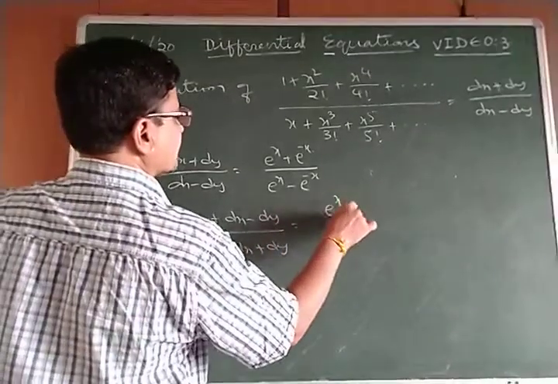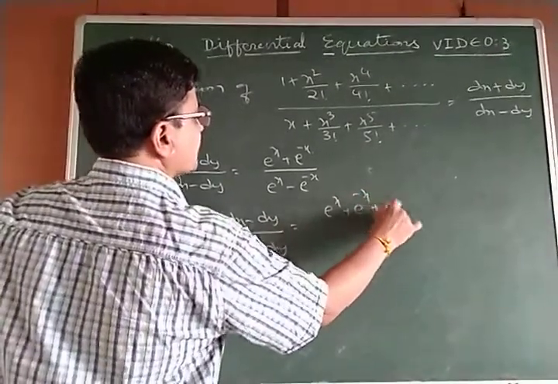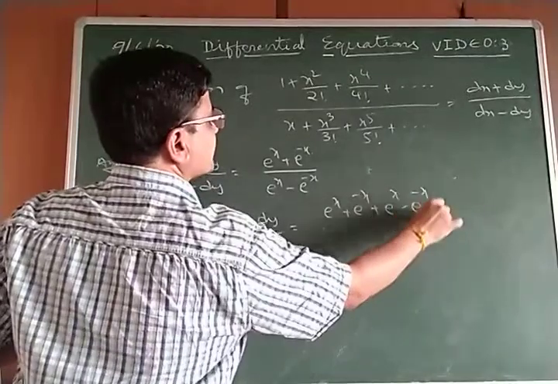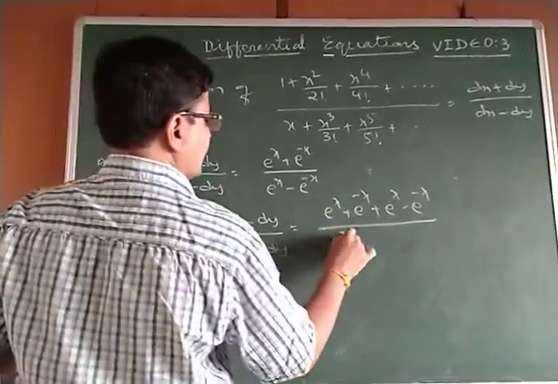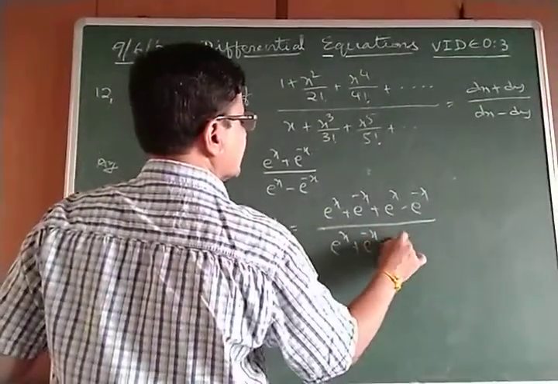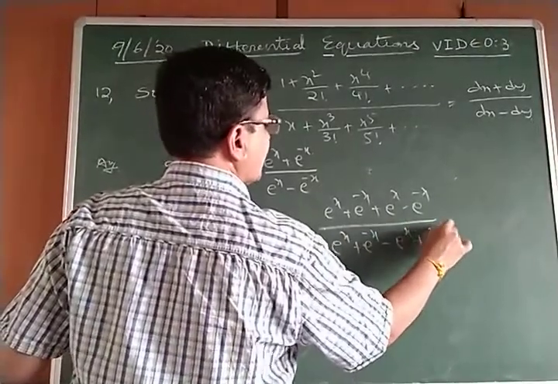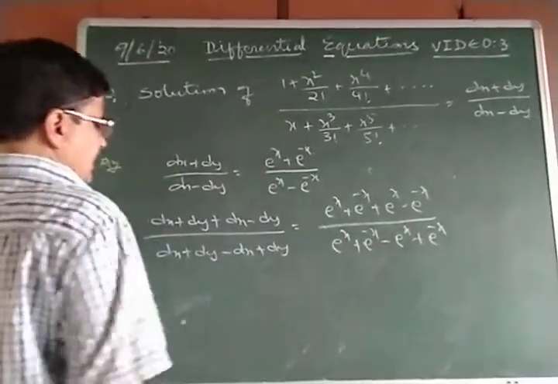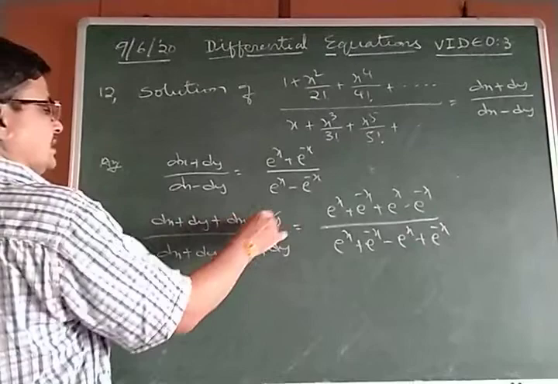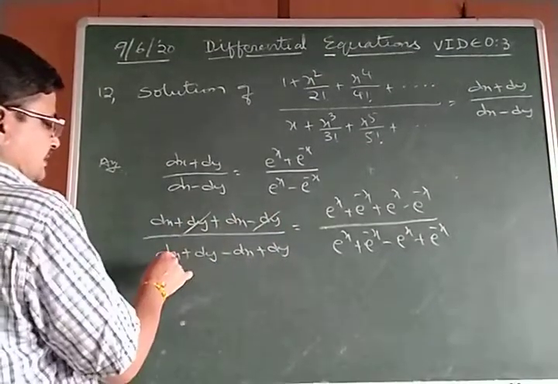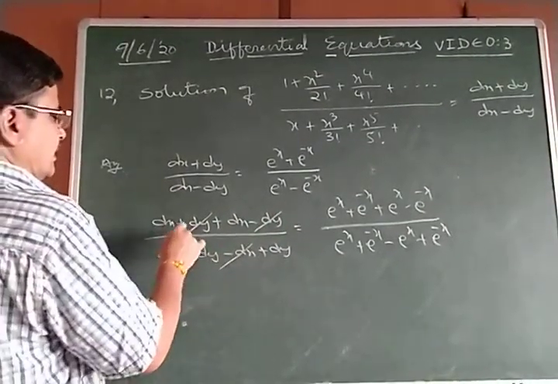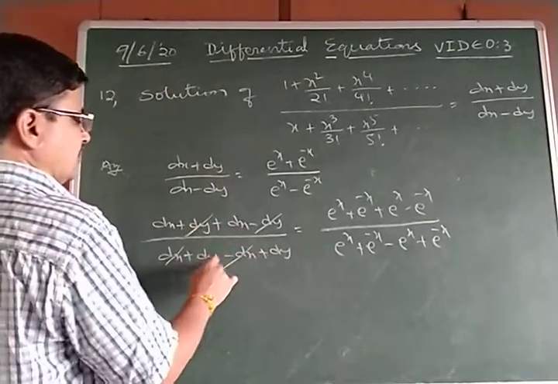That is (e power x plus e power minus x plus e power x minus e power minus x) whole divided by (e power x plus e power minus x minus e power x plus e power minus x). Here plus dy minus dy both are cancelled, and plus dx minus dx is cancelled. Now this is 2 dx by 2 dy.